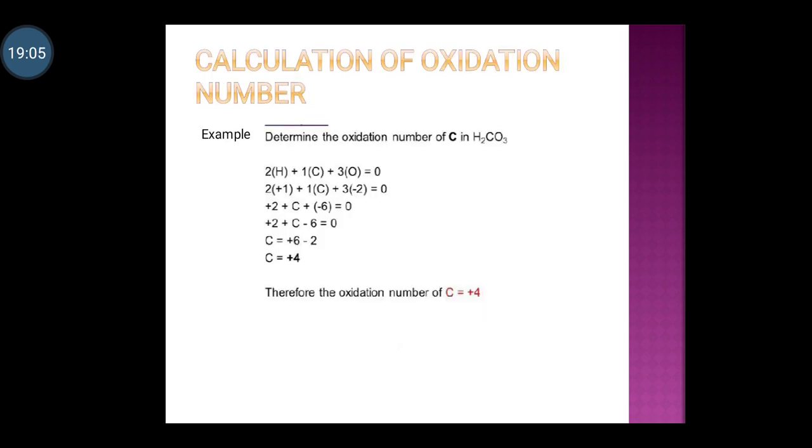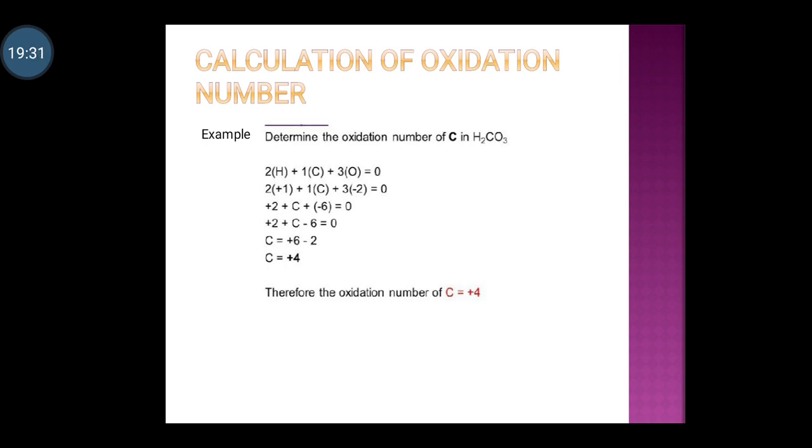Now, how do we calculate oxidation number? That's what I just explained. Let me just do an example. Determine the oxidation number of C in H2CO3. That is carbonic acid. What do you do first? Add the oxidation numbers of the elements and equate to 0.